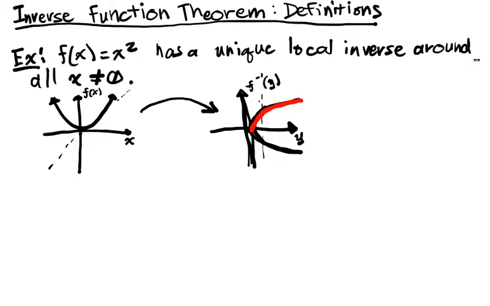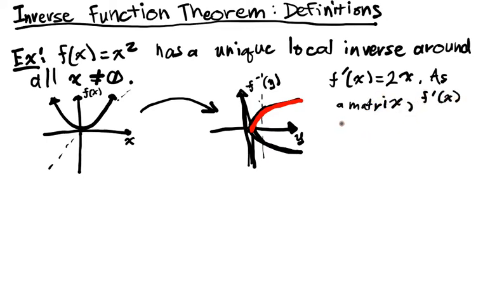In particular, it's useful to think about the linear approximation there. So we note that f prime of x is equal to 2x. And so we note that as a matrix, f prime of x, as a number, is invertible or non-singular or has non-zero determinant everywhere except 0.